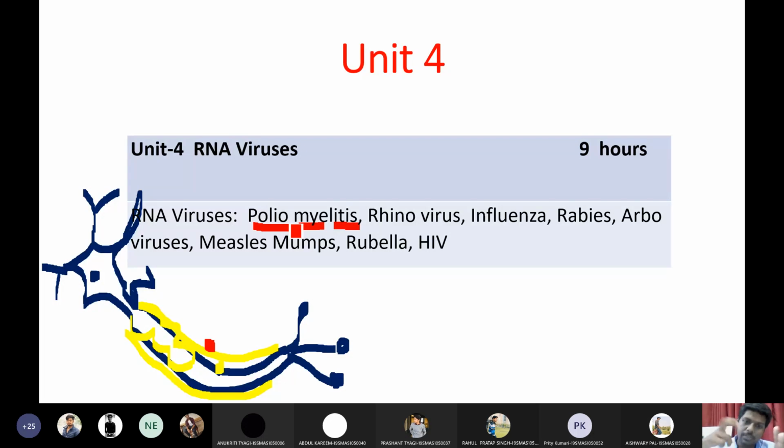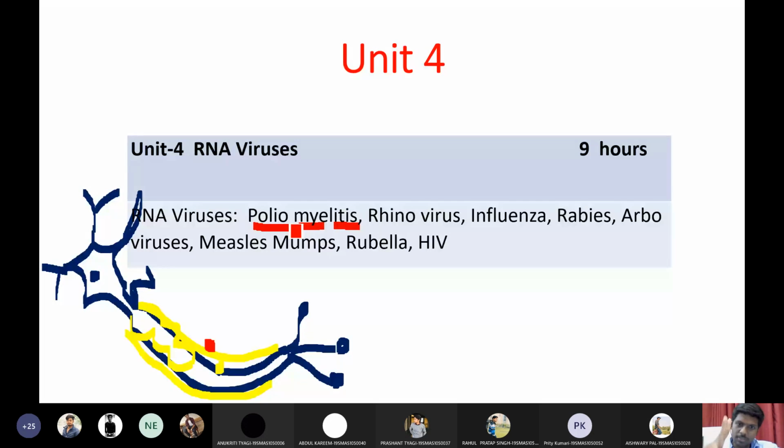In the later stage of the infection, this polio virus will start destroying the other neurons of our body also. It will start spreading into the body. If the polio virus spreads into the respiratory nerves, the thoracic nerves, then the patient cannot breathe. These particular nerves are called phrenic nerves.